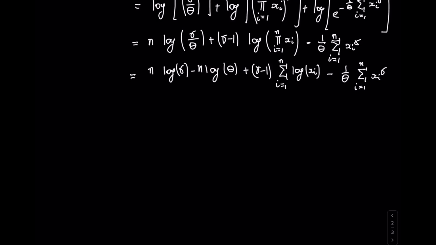Cool. So, now that we've derived that log likelihood function, what we need to do is compute the derivatives of this log likelihood function, because that will allow us to determine the maxima and minima of the function itself. Now, in this particular problem, the setup I gave was that we had a known value of gamma.